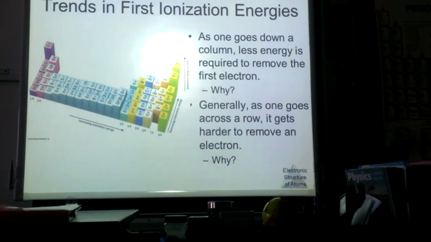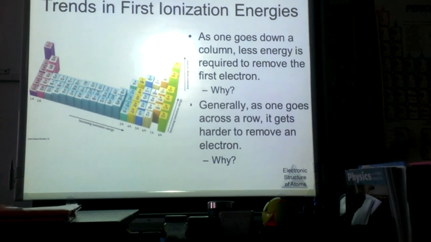And why is that? It's because there's less Coulombic attraction between the outermost electrons, the valence electrons, and the nucleus. I've added more energy levels, there's more shielding, thus there's a lesser attraction between those outermost electrons and the nucleus. So that's why we see it to be lessened as we go down a group.